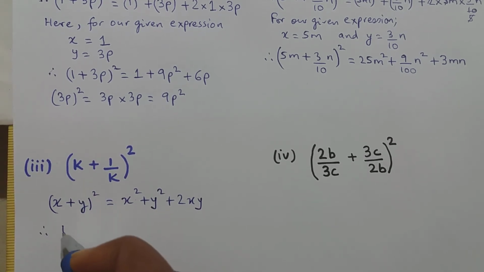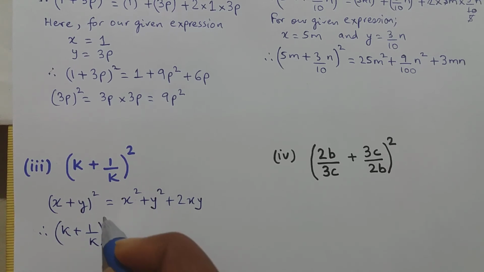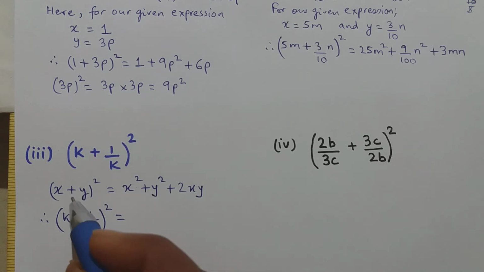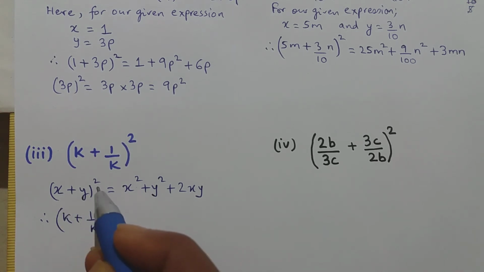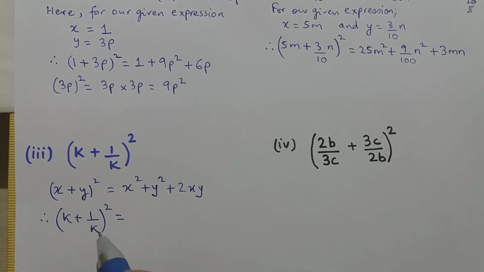So using this algebraic identity, I am going to expand (k plus 1 by k) whole square. So (k plus 1 by k) whole square is equal to, if I compare (x plus y) whole square with (k plus 1 by k) whole square, here x is k and y is 1 by k.